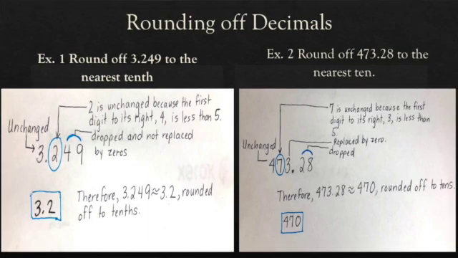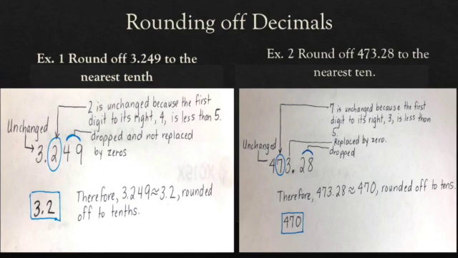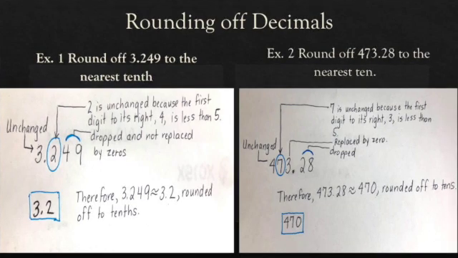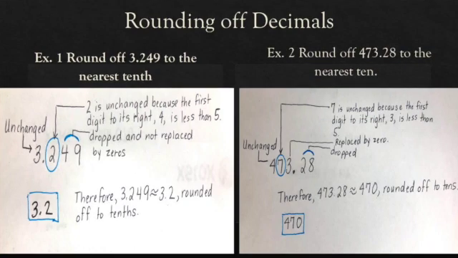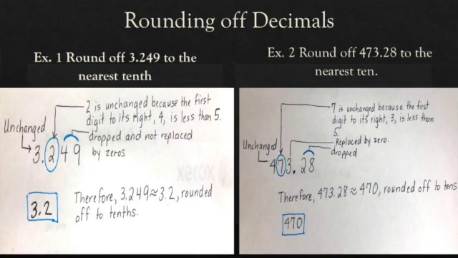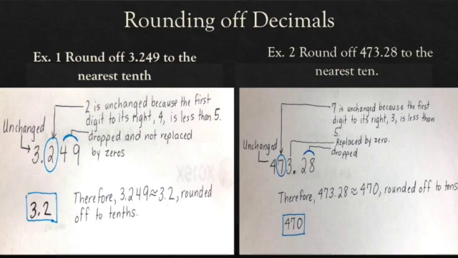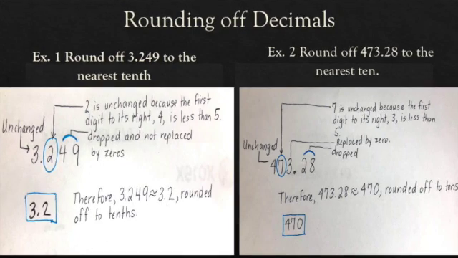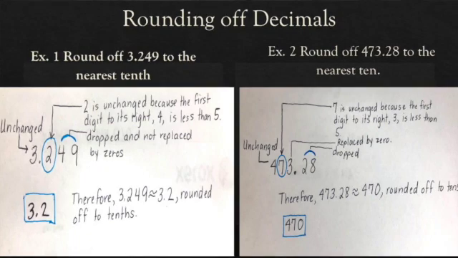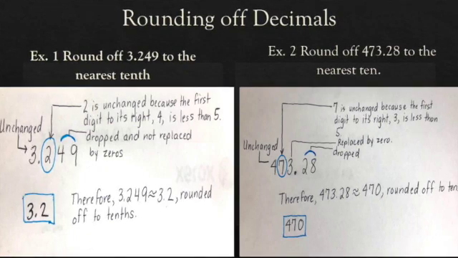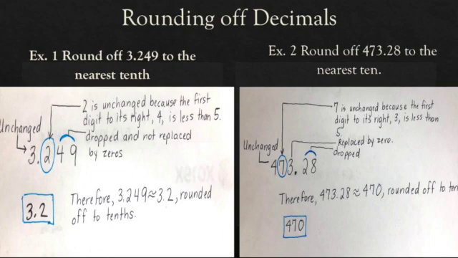And this number is not above 5. So that means that the 2 is not going to change. It's going to stay the same. So therefore, 3.249, when rounded to the nearest tenth place, is 3.2 tenths.